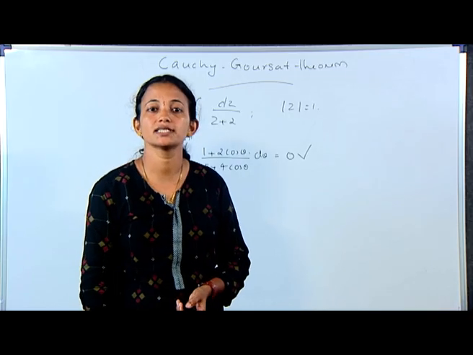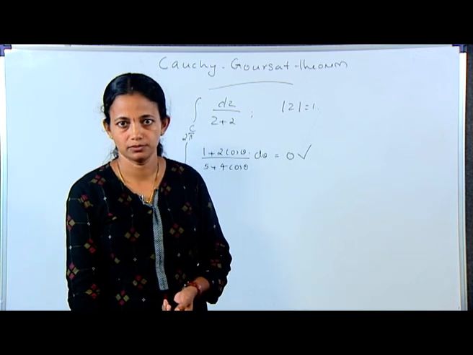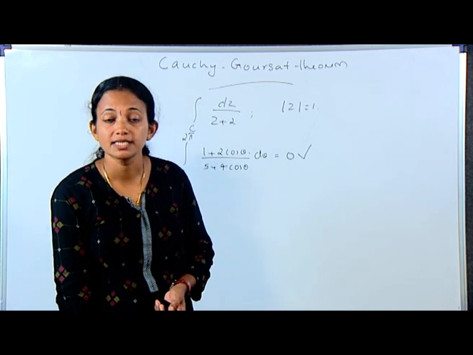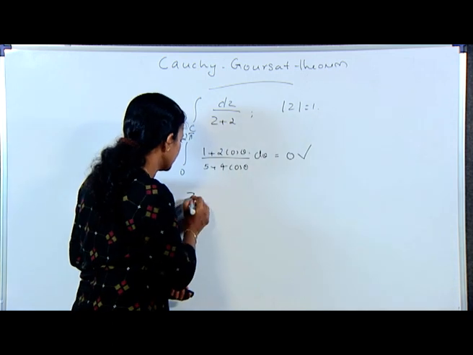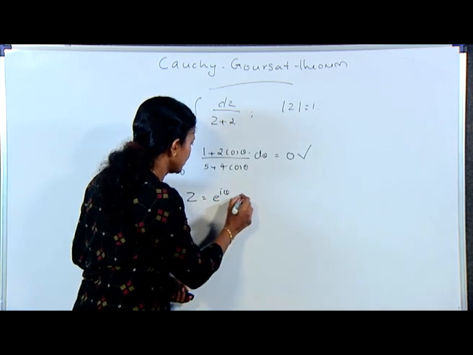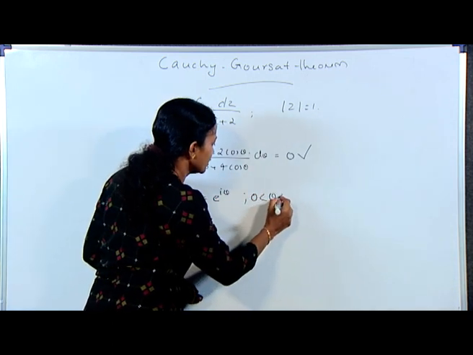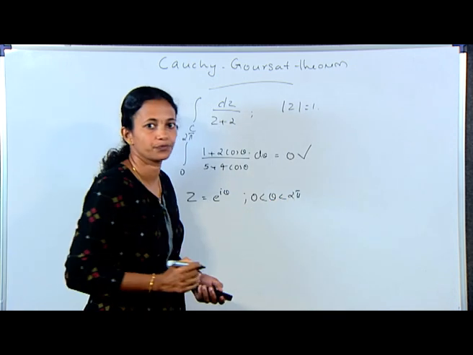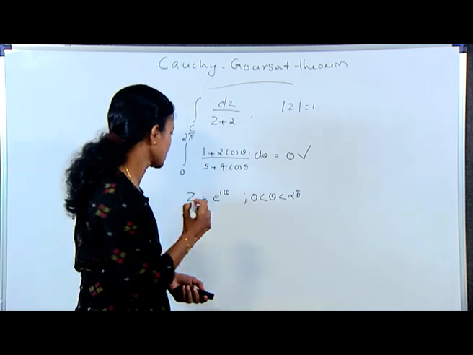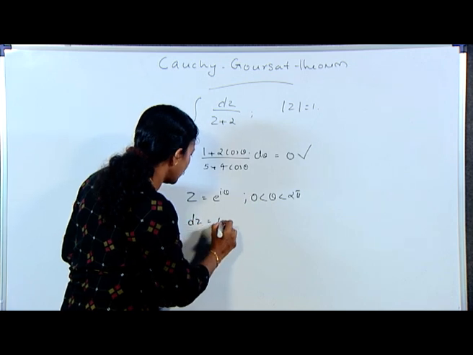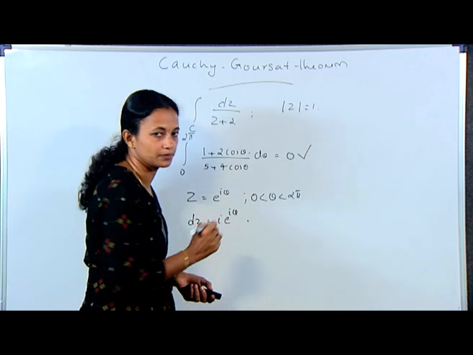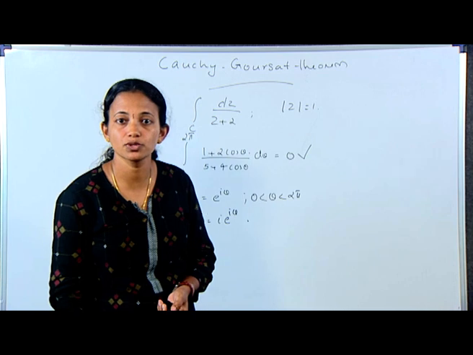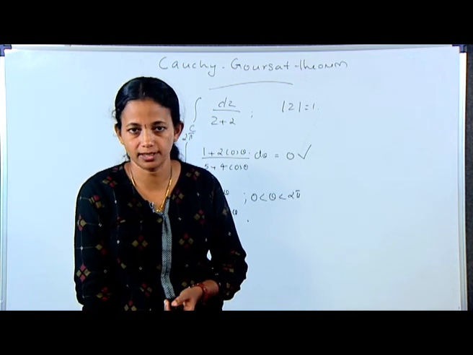Here mod z is equal to 1 is the given curve, and on that curve z is equal to e raised to I theta, where theta is between 0 and 2 pi. Again dz is equal to I into e raised to I theta d theta, and z plus 2 is equal to 2 plus e raised to I theta.